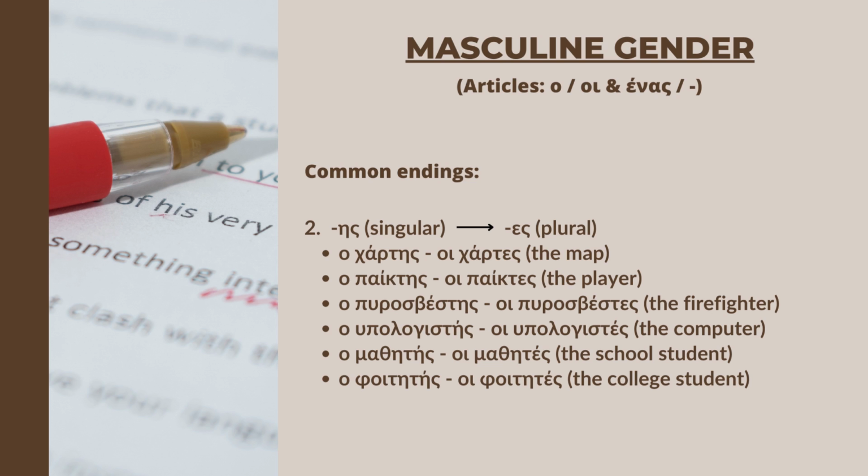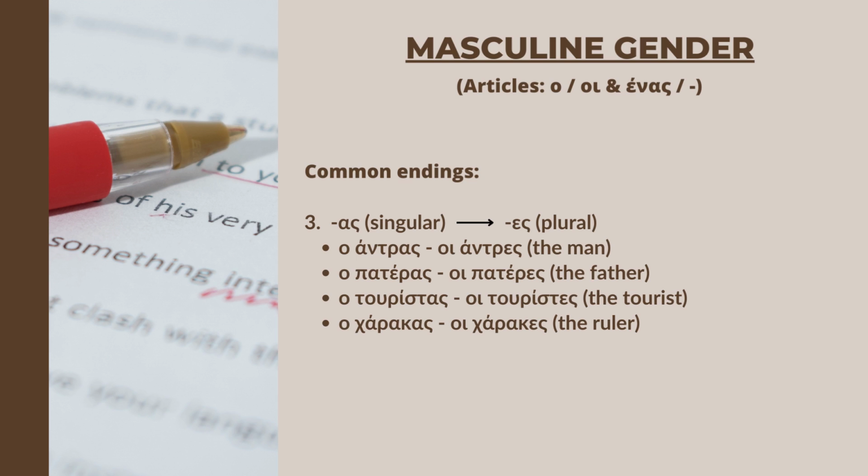If you want to translate the definite article, I repeat that it's translated as the. In this case, I'm just translating the words. I'm not focusing on the definite articles. I'm just focusing on the plural forms. So, this is basically the way to form the plural forms of the nouns in Greek.